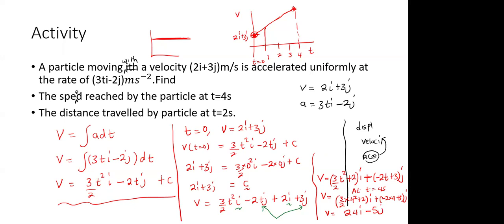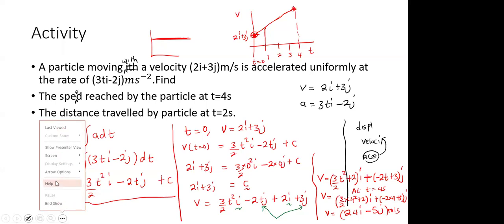But when you look at this question, they wanted us to find the speed. Since they have told us to find the speed, what we have currently is velocity, and these are meters per second. So in order for us to obtain speed from velocity, we must get the magnitude.